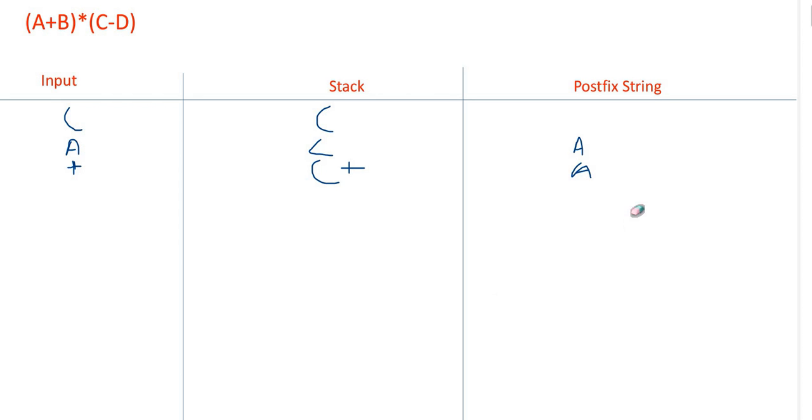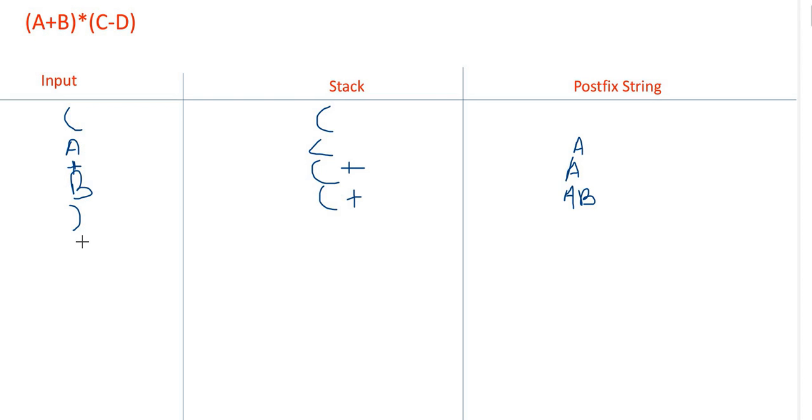After that this B will be in the input, and the stack will be the same. It is an operand, so it will be put at the end of the postfix string. After that this closing parenthesis will be in the input.